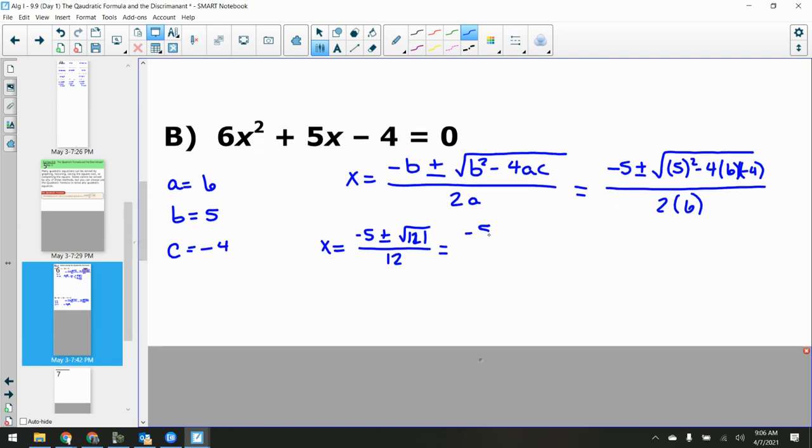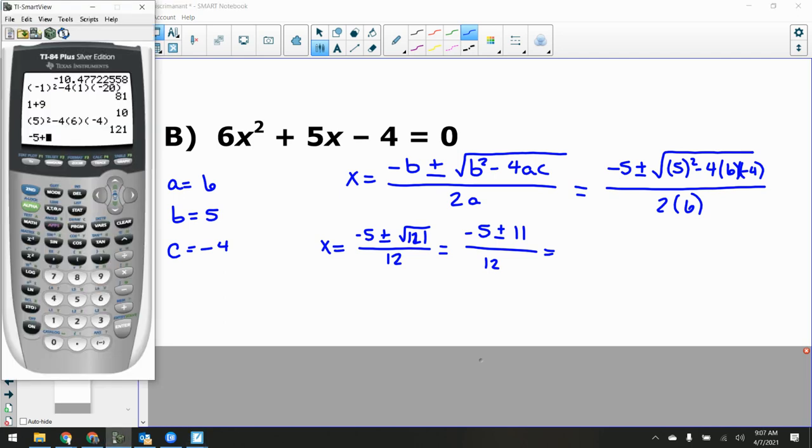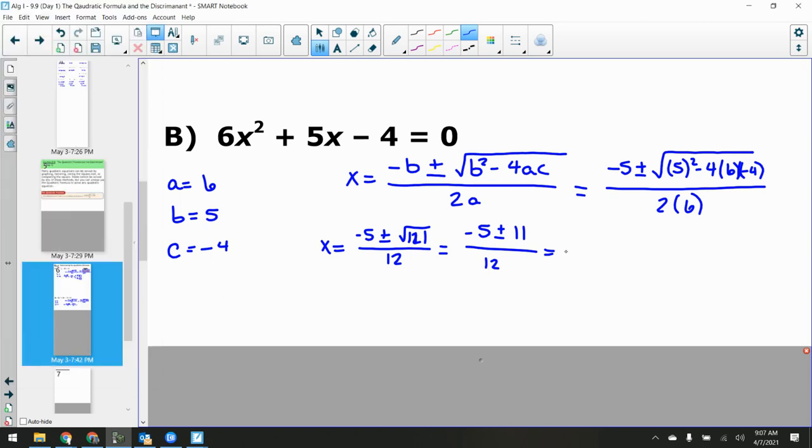All right, we got negative 5. And then what is the square root of 121? 11. All over 12. So now that it came out nice, I can take negative 5 plus 11. So 6 over 12, which is 0.5 or 1/2.